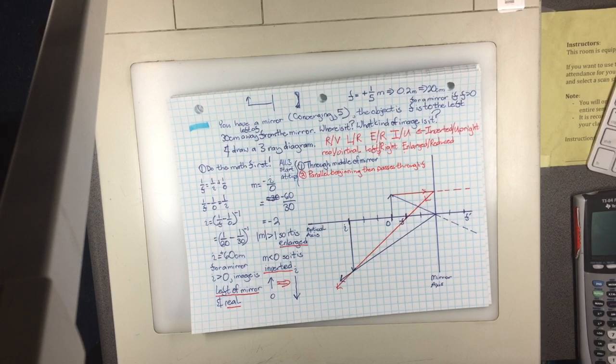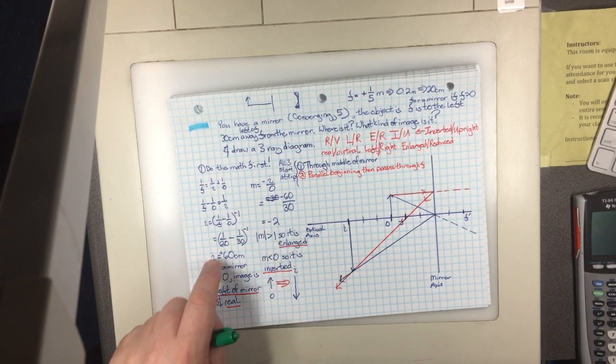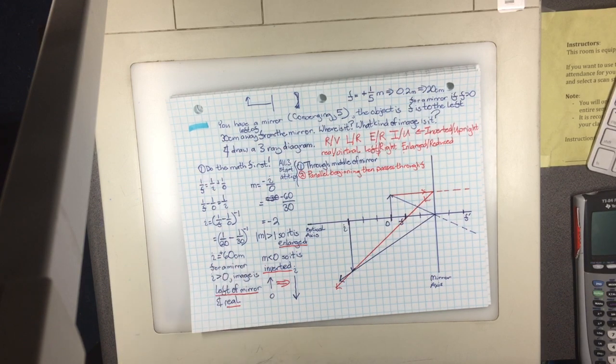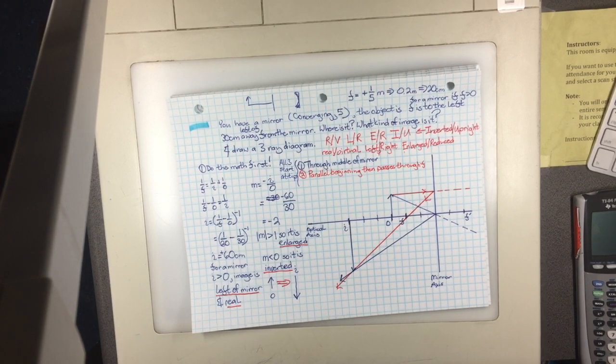In terms of test quality, this is what the graders look for. This is what I look for. I look at that magnification and I see -2. I look at the image distance and I see +60. So your professor is going, this thing should be real, inverted, and enlarged. Had you drawn this image over here for a mirror, where you got a +60 image distance, I would have problems. If you drew this image upright, I would have problems. If you drew it reduced, I would have problems.